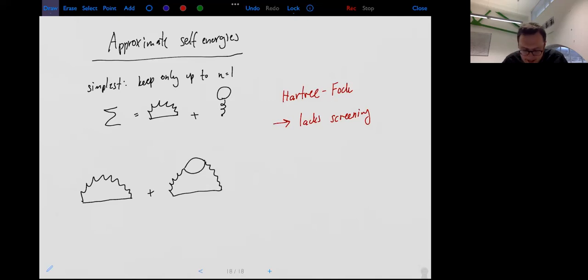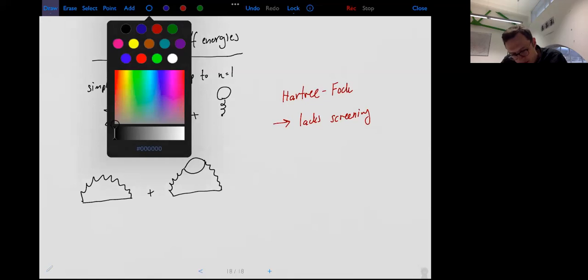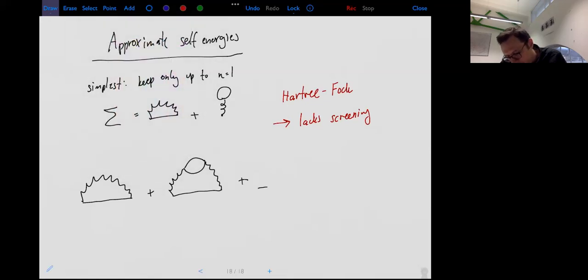It has a similar structure, but it has this extra Green's function bubble in the middle here. And of course, there is a whole set of diagrams that are similar, but more complicated. So instead of just inserting a single Green's function bubble, I can insert two, or I can keep going with this.